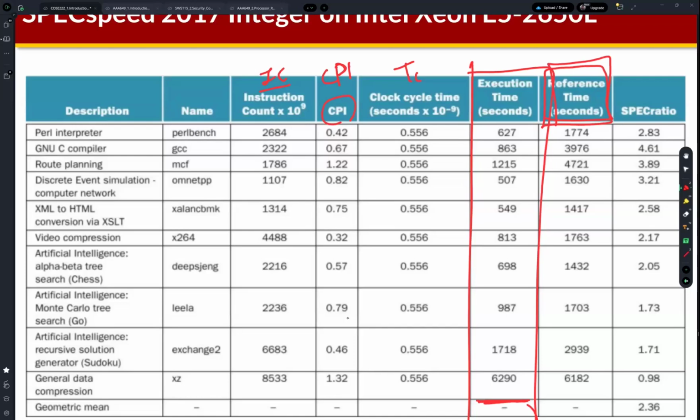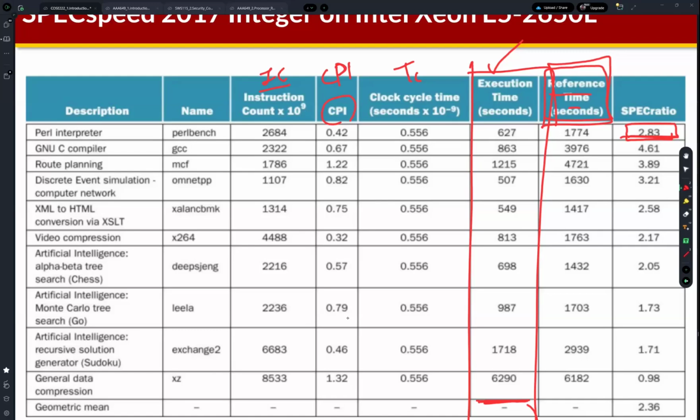So reference time is the execution time by the baseline machine, the reference machine. Okay, and we can compare the execution time, then we can get the performance of this target machine. So this is the SPEC ratio. So actually you can find that SPEC ratio is the reference time divided by execution time.